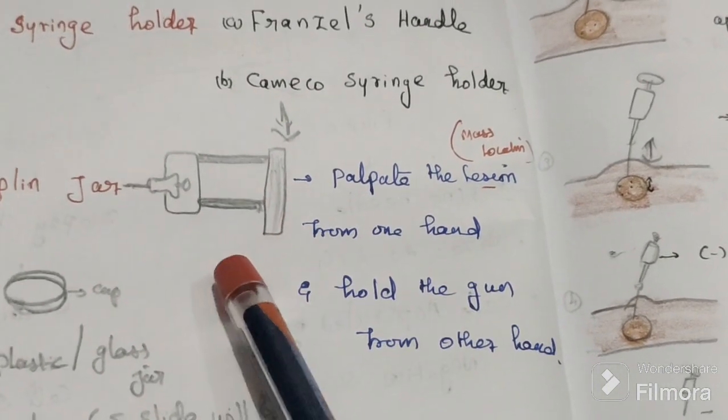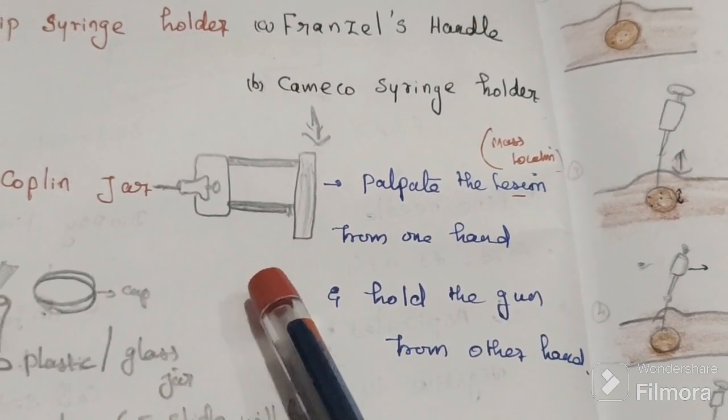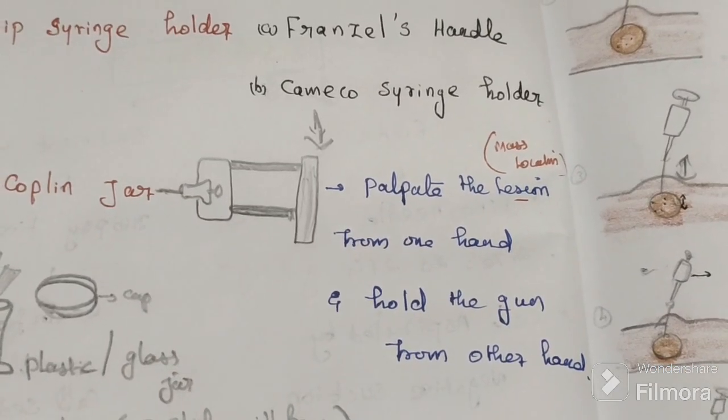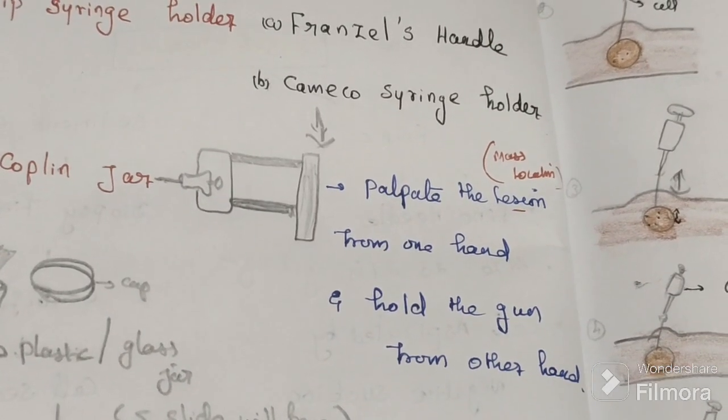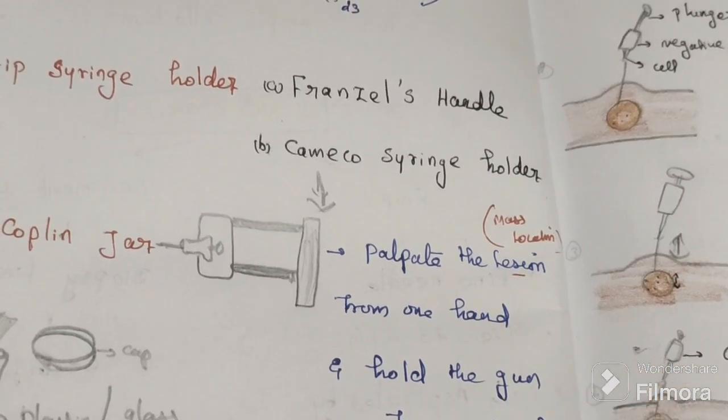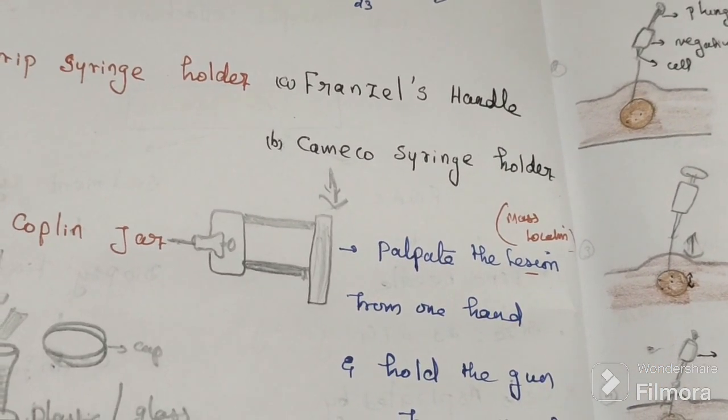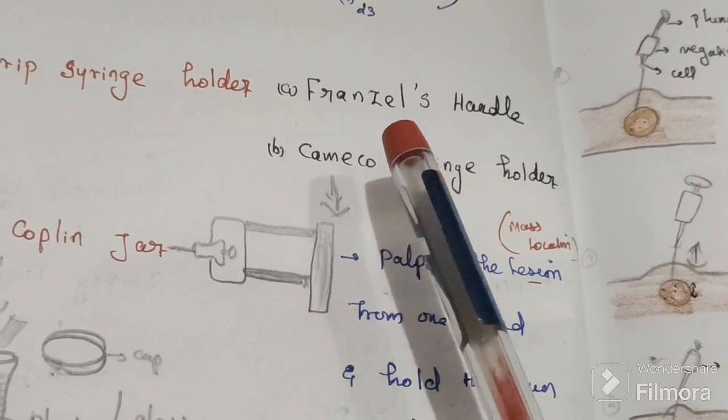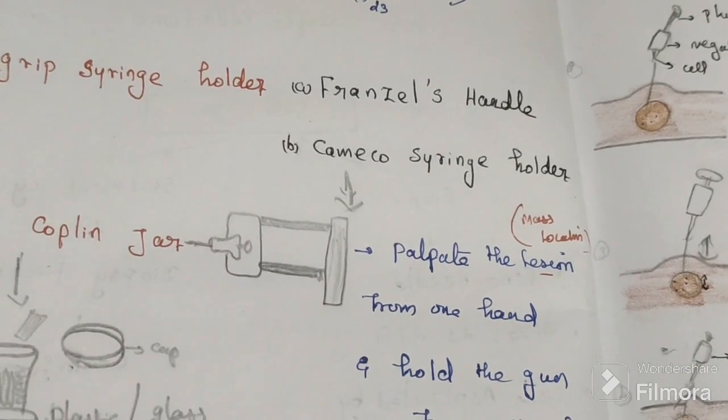This one looks like a gun. That's why it is called a pistol grip syringe holder. It can be a Cameco syringe or Franzen syringe pistol.